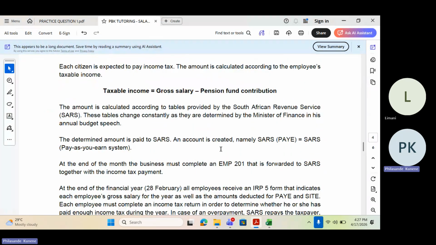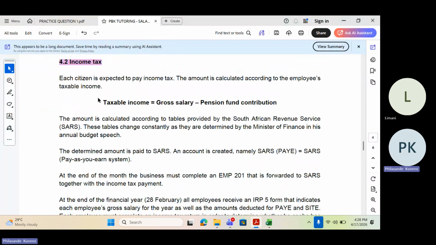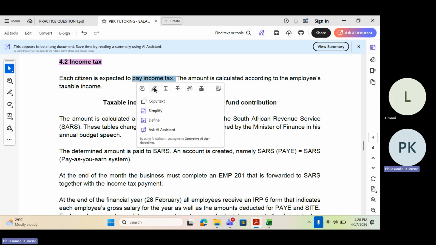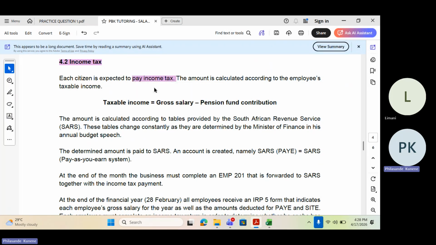But let's talk about that here. Income tax, each citizen is expected to pay income tax. Everyone who is in South Africa is expected to pay income tax. It is not a choice. It will never be a choice, right? The amount is calculated according to the employee's taxable income. Yes, there is something called taxable income.